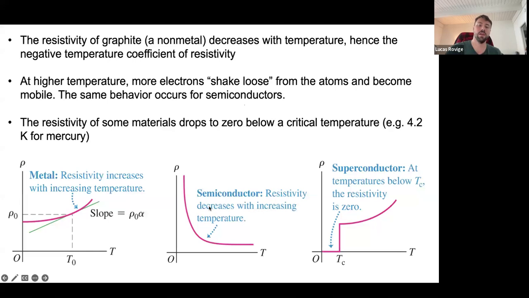isolator case, basically, why are they isolating is because they don't have any free electron that can move around. But when you're increasing the temperature, you are giving a bit more energy. You are putting more energy into your system.